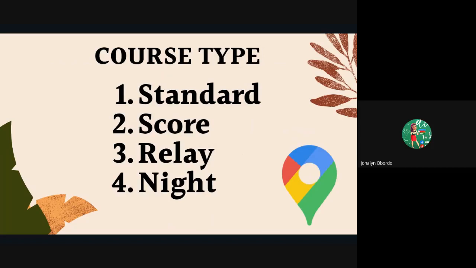You can't go to the last point first just because you want to finish quickly. For example, you go to point A, and once you accomplish point A, you go to point B. You are not allowed to jump into point D unless you finish point C, and so on. So it is in a specific control and a specific order. That is the standard. Here, of course, the fastest time will be the winner.